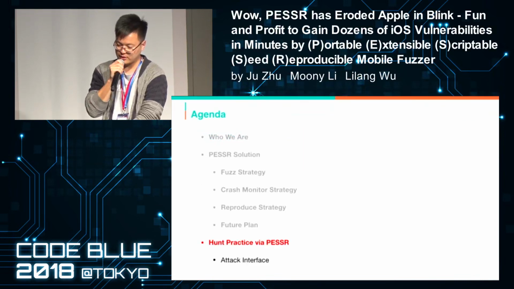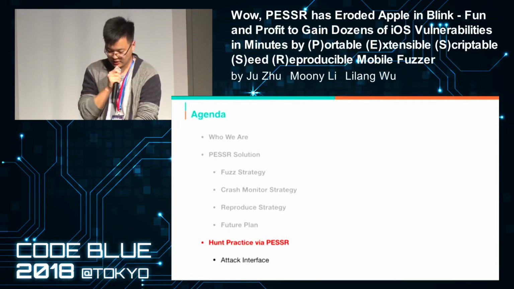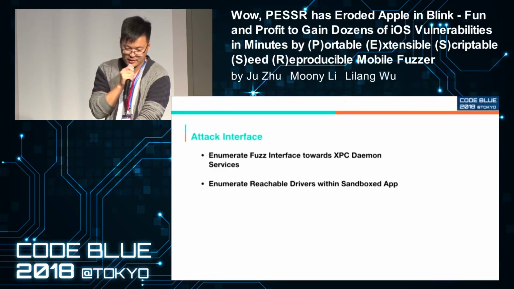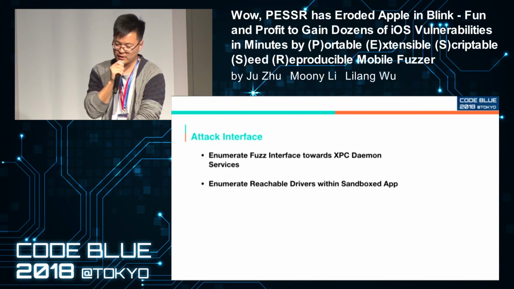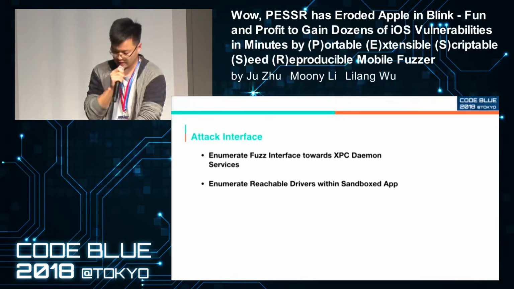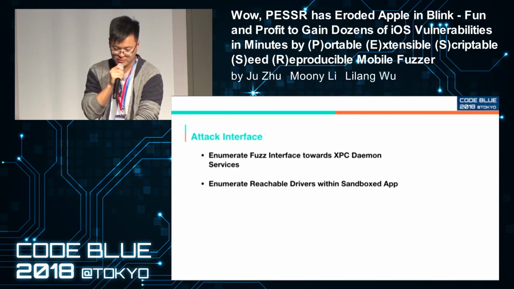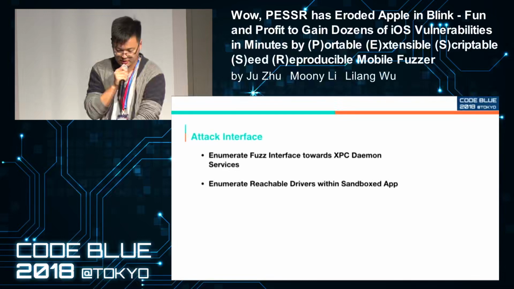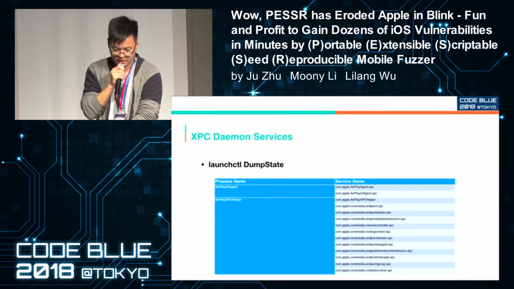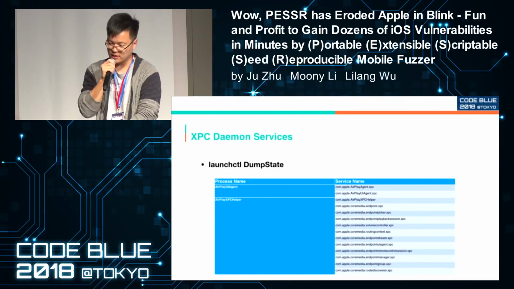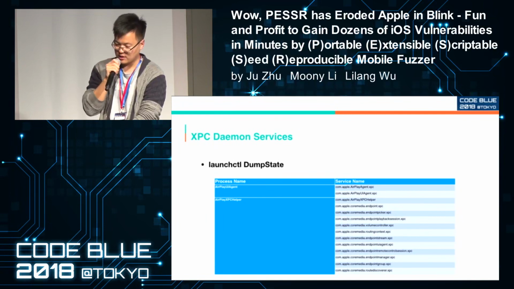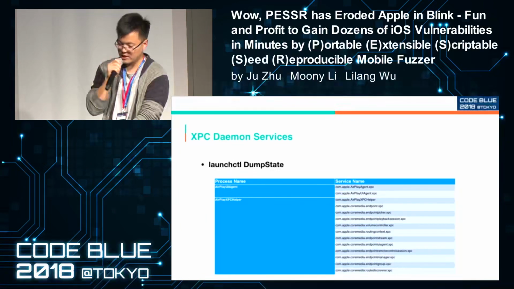Finally, we will disclose some hunting practice and target interfaces. The target interfaces mainly contain XPC daemon services and sandbox reachable kernel extensions. Here are the services got by the launchctl dumpstate command.